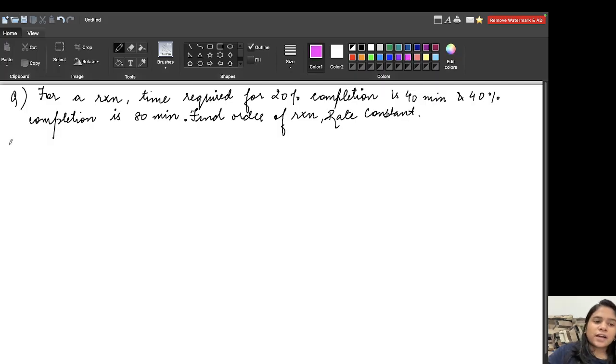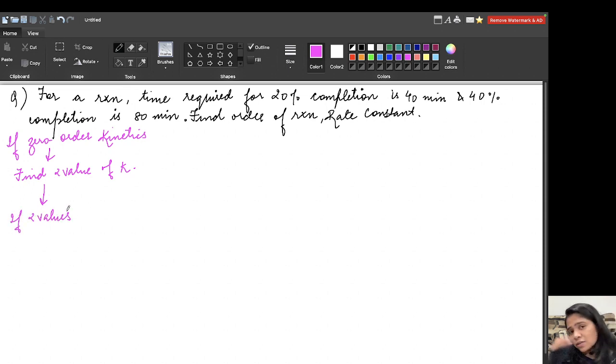If there is zero order kinetics, what will we do? Find two values of K. If you are applying the zero order formula and the two values of K are the same, or nearly the same, then this is a zero order reaction.